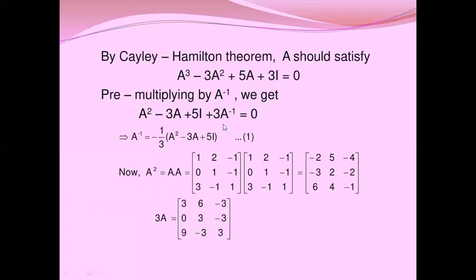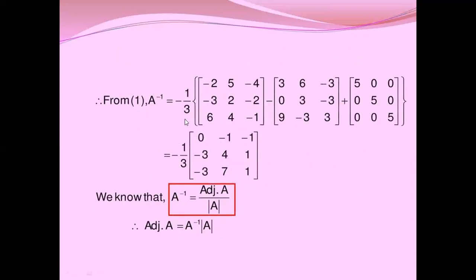From the first equation, after substituting all the values, we get minus 1 by 3 into the matrix minus 2, 5, minus 4, minus 3, 2, minus 2, 6, 4, minus 1, minus the other matrix 3, 6, minus 3, 0, 3, minus 3, 9, minus 3, 3, and plus 5 into the identity matrix, which is 5, 0, 0, 0, 5, 0, 0, 0, 5.